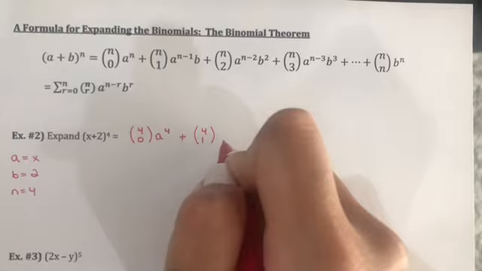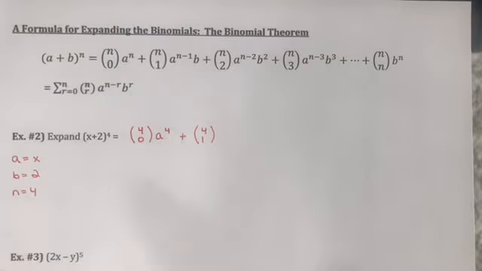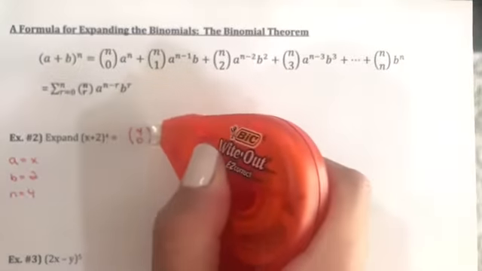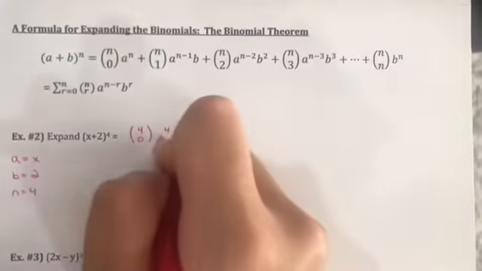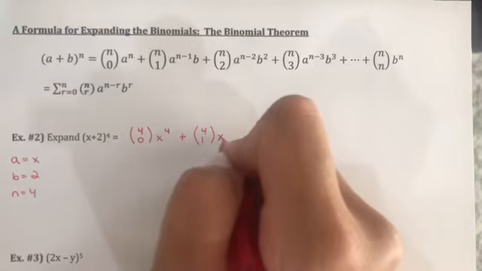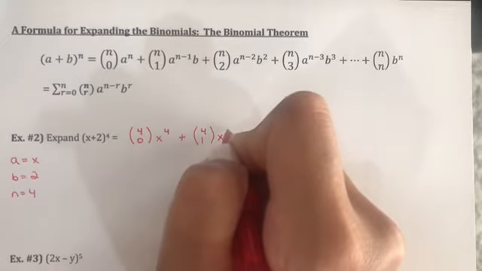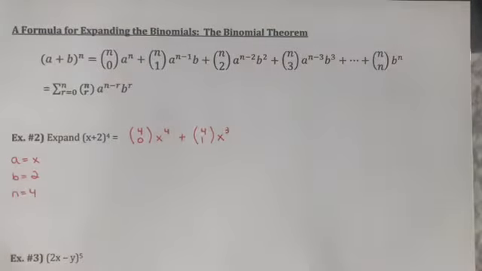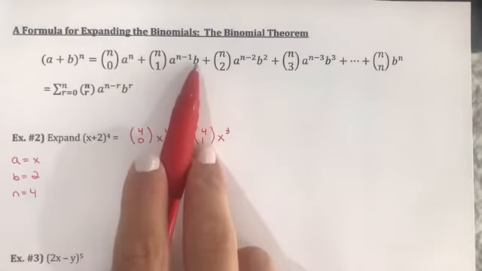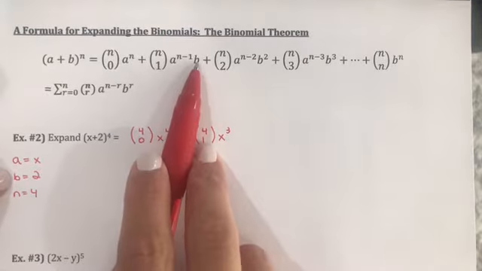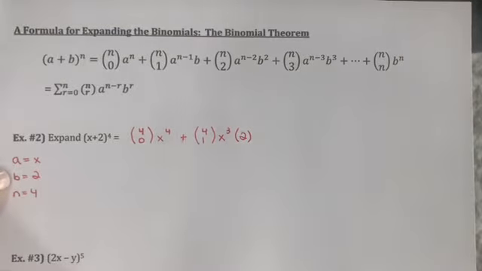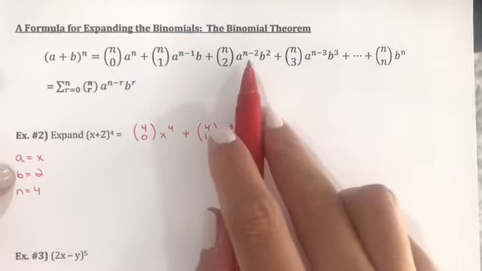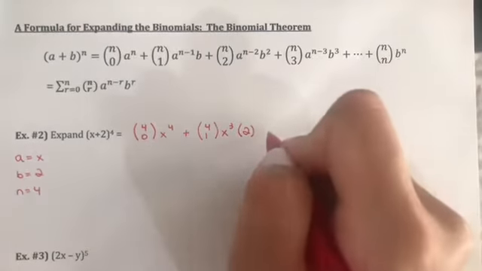So it's going to be, oh, actually I shouldn't have put the a in. That should actually be x. My mistake. So you're going to have x to the 3rd power. And then b, remember, is 2, so I'm just going to put that over here. Okay. And then I'm ready to move to the next term.